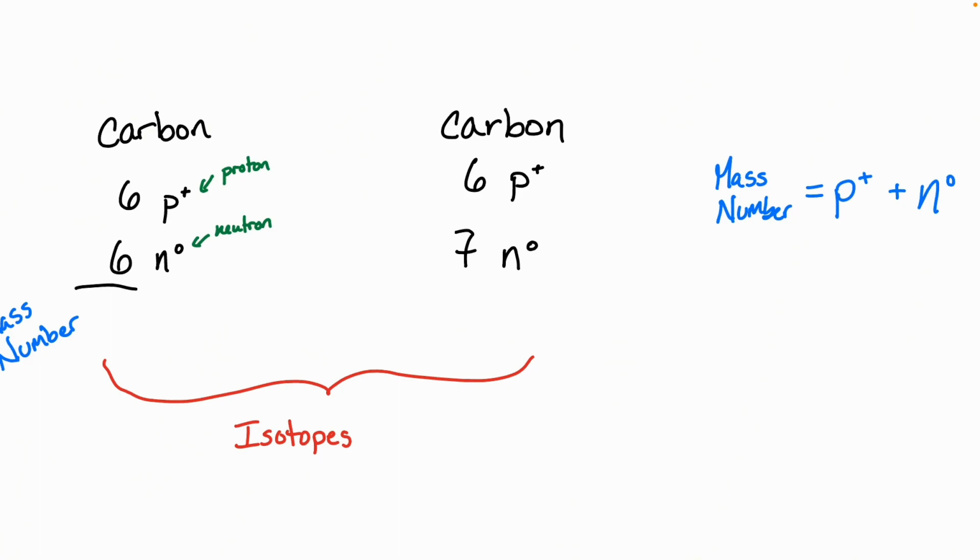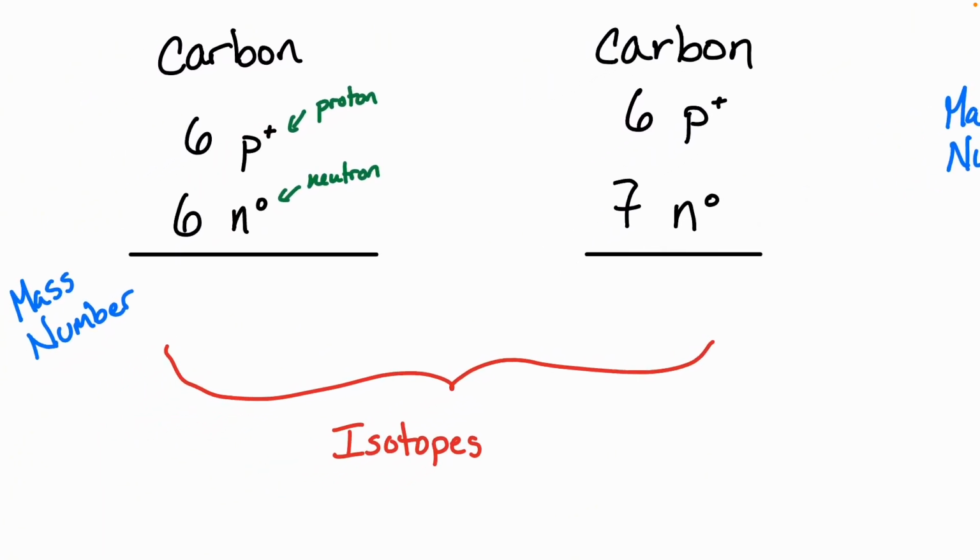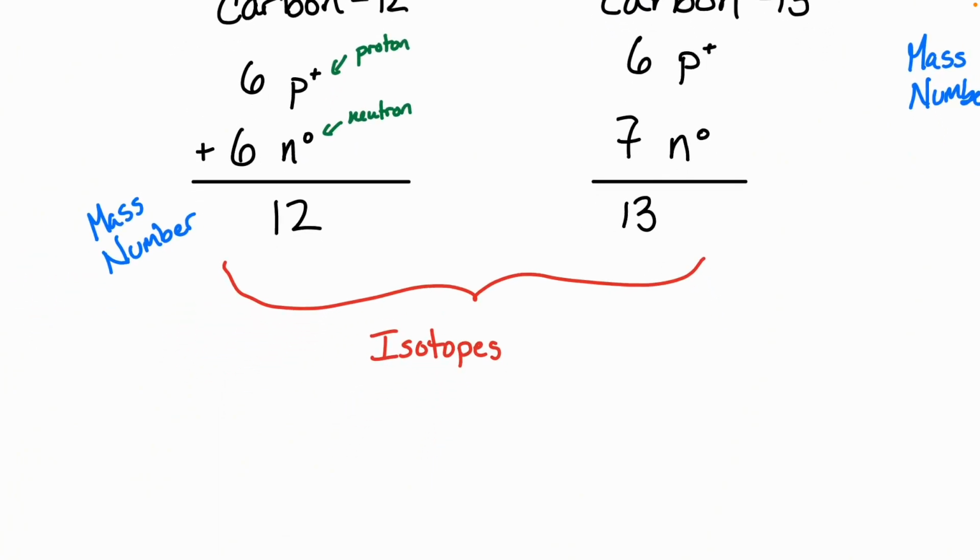So let's calculate the mass number for my two isotopes here. For my carbon that has 6 protons and 6 neutrons, what's its mass number? 12 together. So we would call this carbon-12. We would be specific about which isotope we're talking about. Not just carbon, but a specific isotope of carbon, carbon-12. And this one over here with its 6 protons and 7 neutrons, that would be carbon-13.